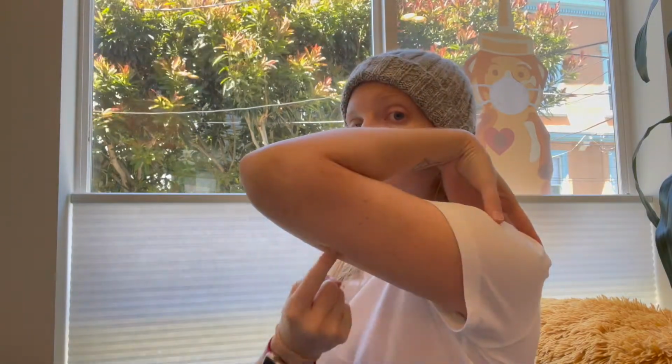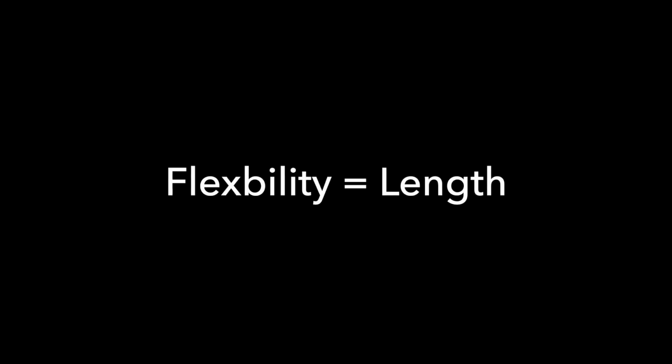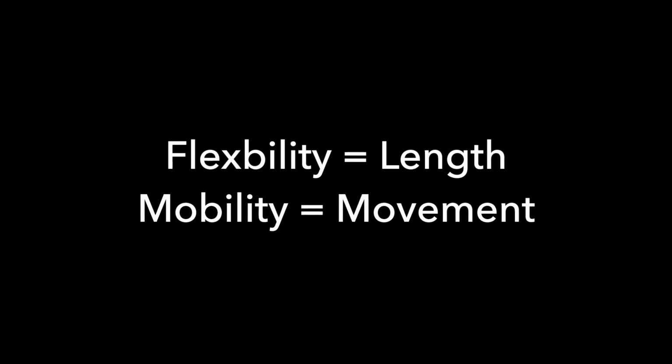My elbow can be somewhat mobile because this can stretch. So yes, flexibility is important, but it's not the end all be all for mobility. They are not the same. If you need a one-word association for mobility, like we had for flexibility equals length, mobility equals movement.